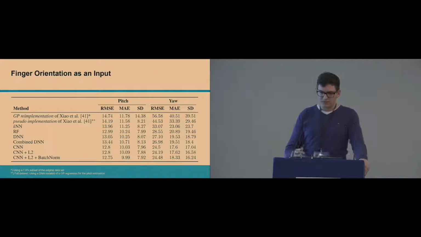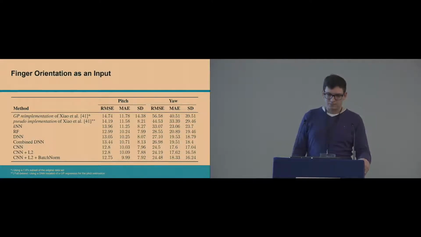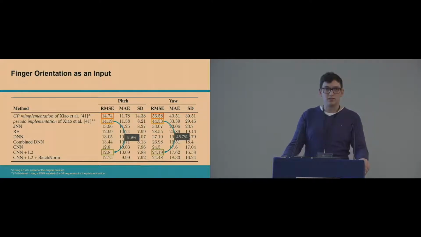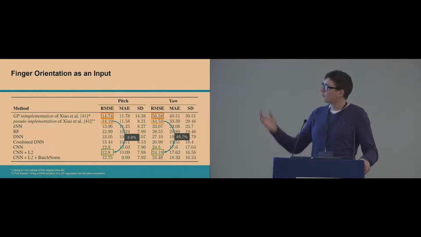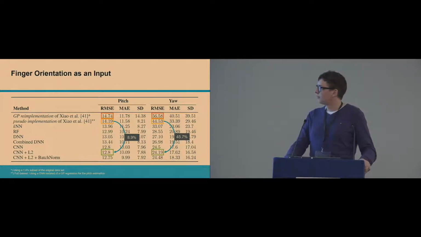These are the overall results: root mean squares, absolute means and SDs. What stands out in comparison to the XR et al. model is that the deep neural network worked better than the Gaussian processes for both pitch and yaw.